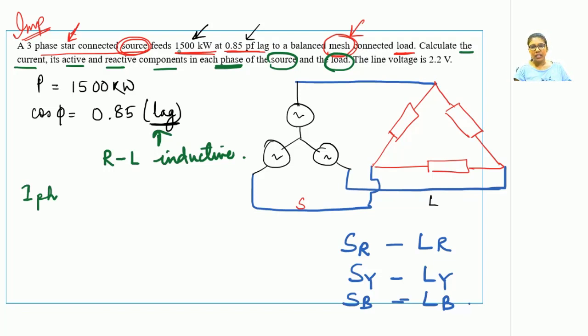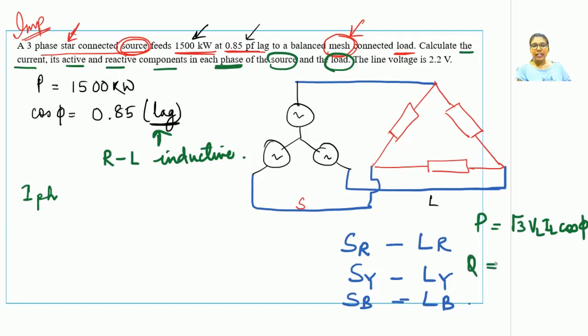What do you mean by the active component? By active component, one means the component which actually does the work. For example, we have discussed the real power. The real power is the power where the real work is done, the work which is visible to all, which is given by the expression root 3 VL IL cos phi.